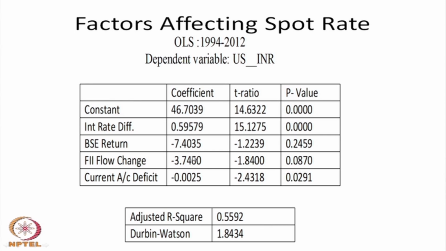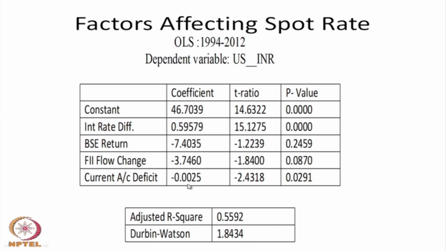Similarly, the BSE exchange rate return is not significant, as the p value indicates; BSE return is not influencing the spot rate. Then FI net inflow changes are also influencing the foreign exchange. When more FIs are coming to India, the spot rate is declining and the rupee is appreciating. A negative change means more flow of FI, so the rupee value will appreciate.